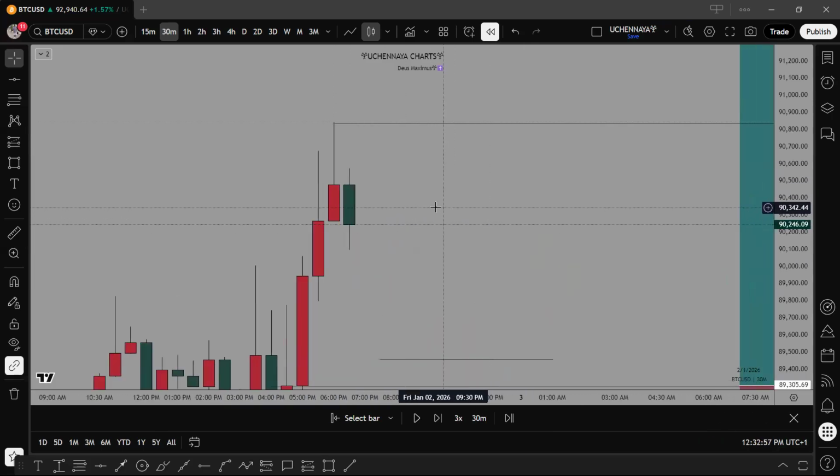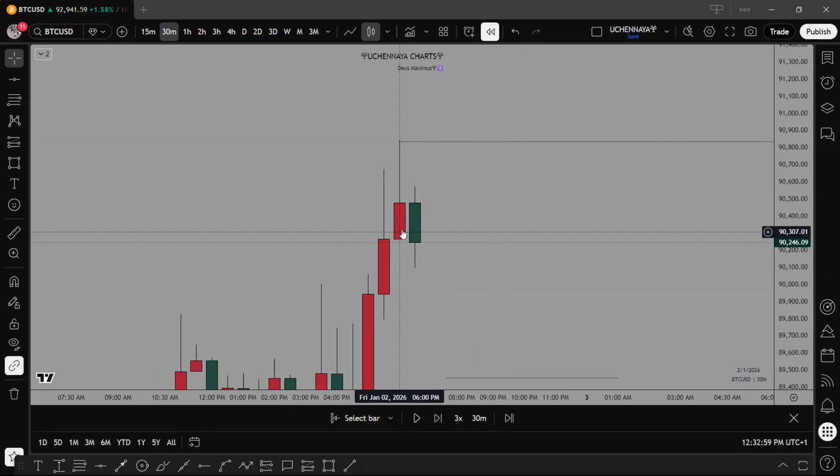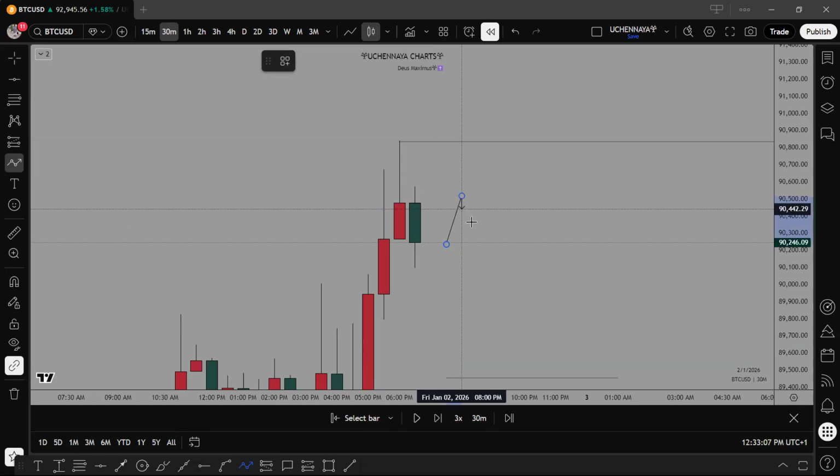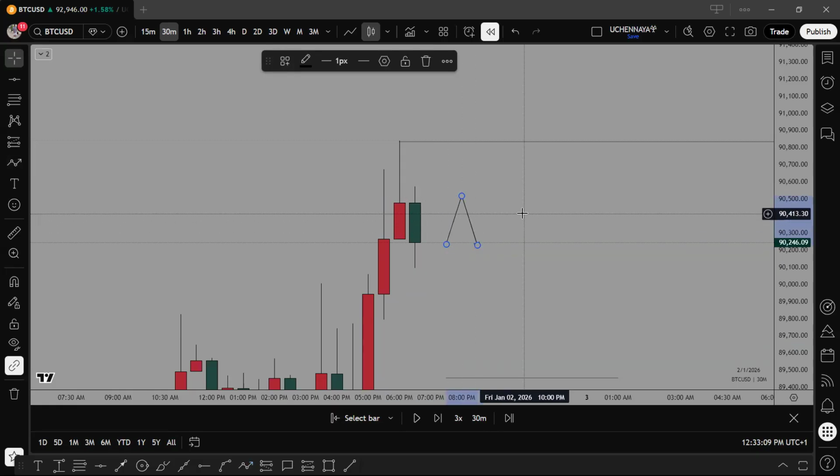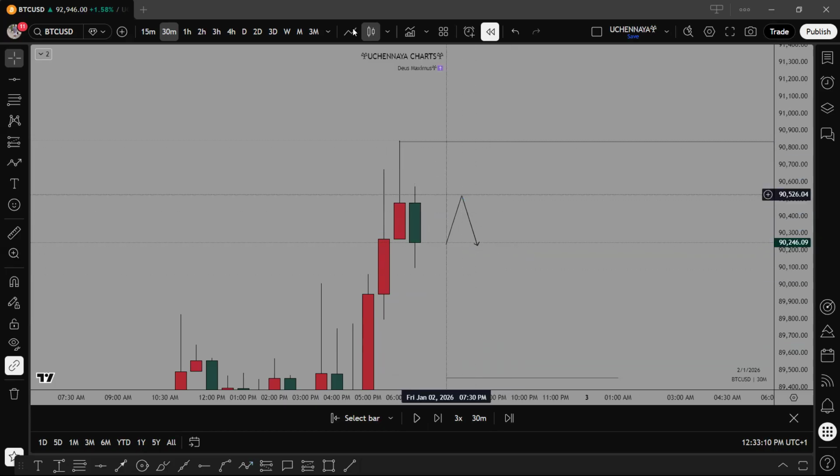This is a typical example of an apex level, and it is shown like this on your chart. This is an apex level.